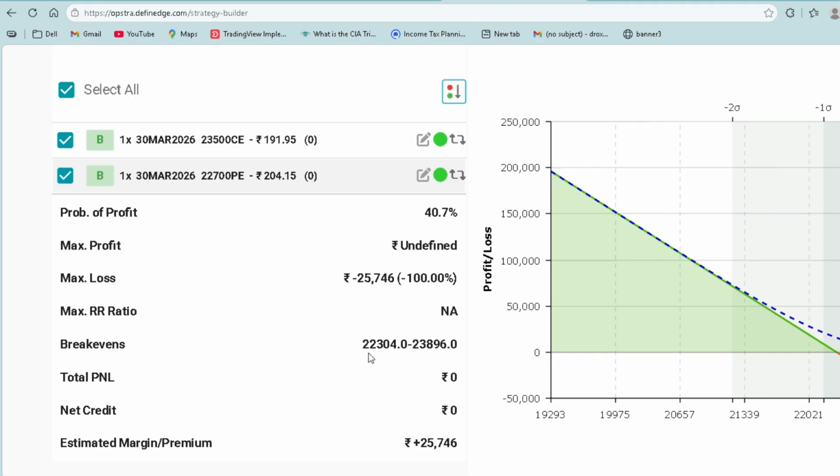Break evens come to 20,304 on the lower leg and on the upper leg that is 23,896. And this is the margin required to build this strategy. This is 25,746.